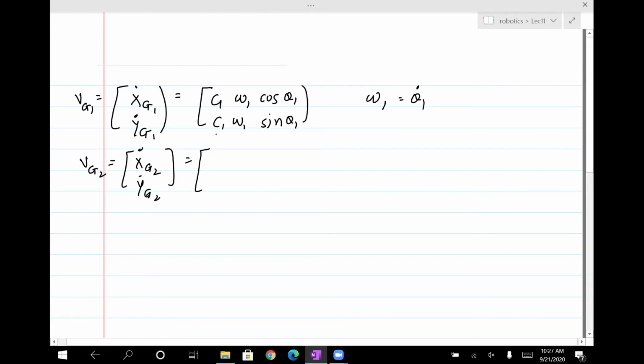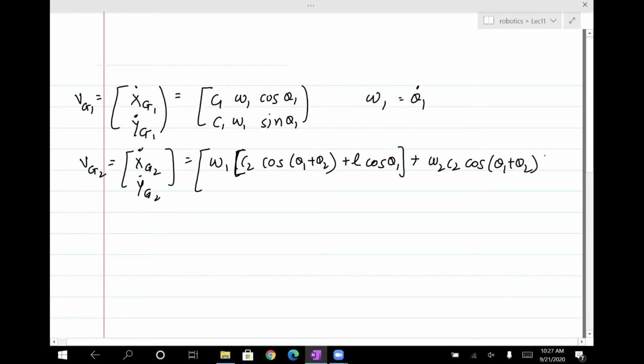Equals omega 1 C2 cosine theta 1 plus theta 2 plus L cosine theta 1, plus omega 2 C2 cosine theta 1 plus theta 2.